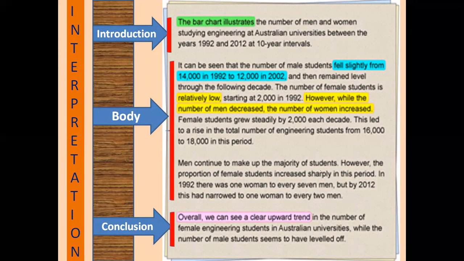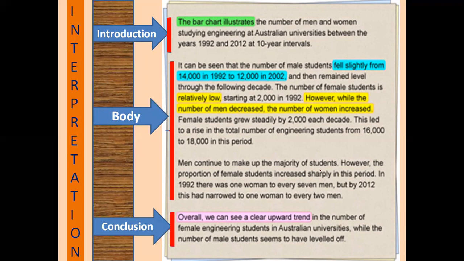However, the proportion of female students is increasing sharply in this period. But there is no match. In 1992, there was one woman to every 7 men. But by 2012, this ratio narrowed. Look at the vocabulary used here. Narrowed means the gap decreased, to 1 woman to every 2 men.